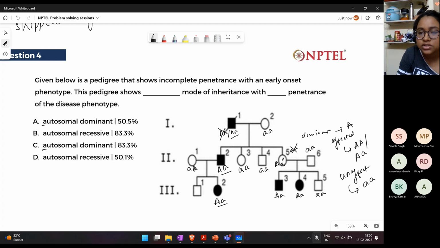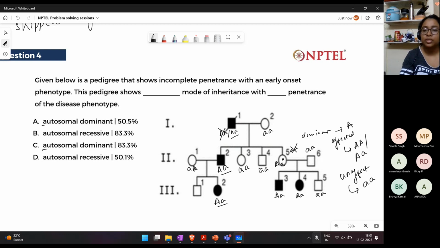So this is basically the penetrance: she has the affected allele capital A, but she is not showing the disease phenotype.